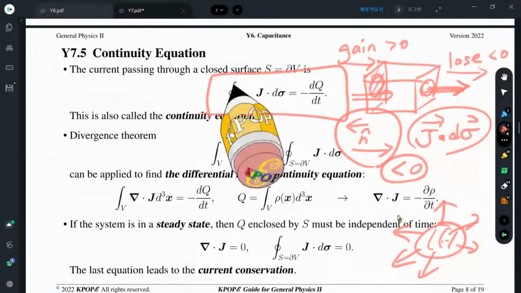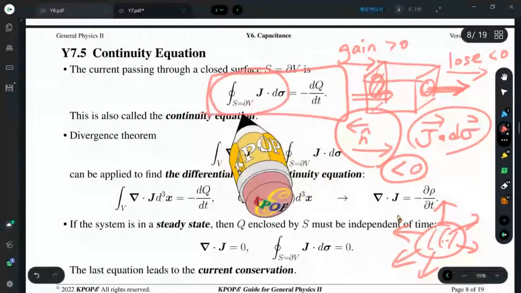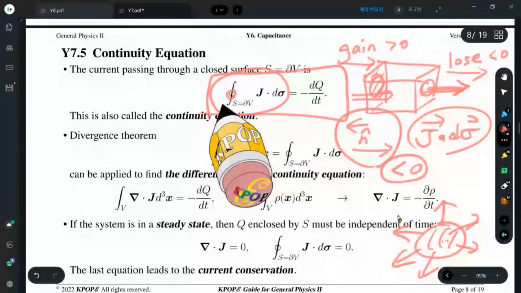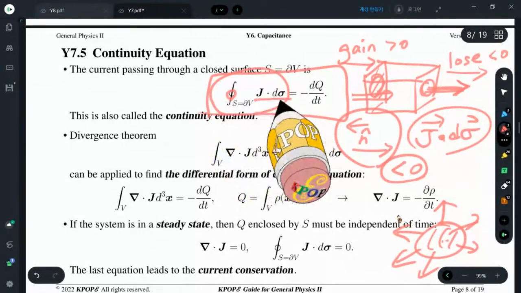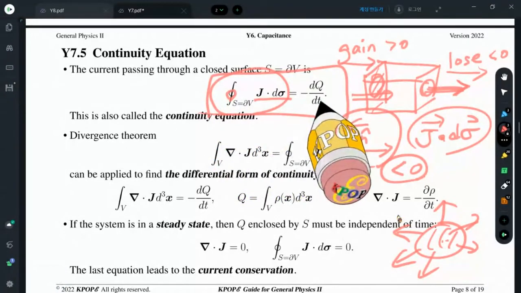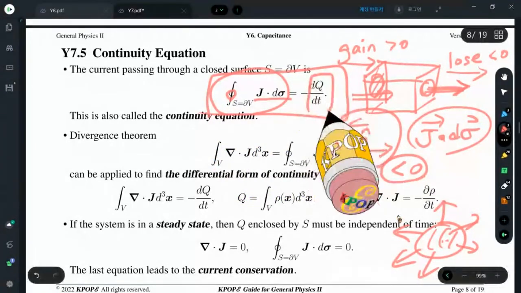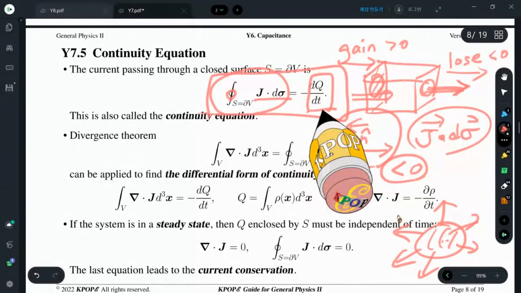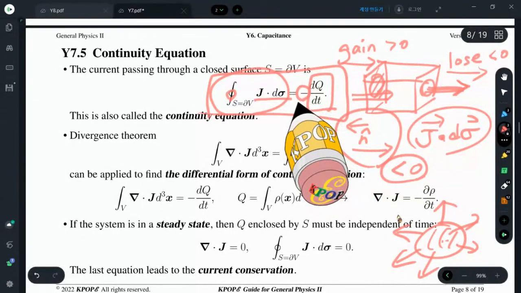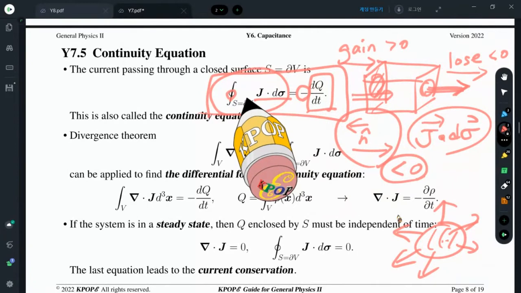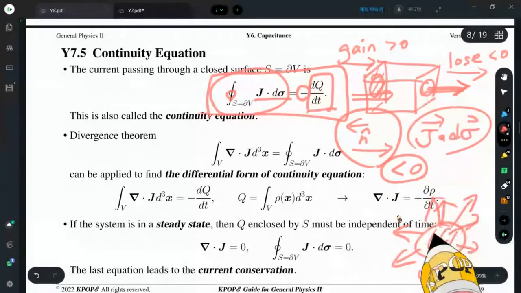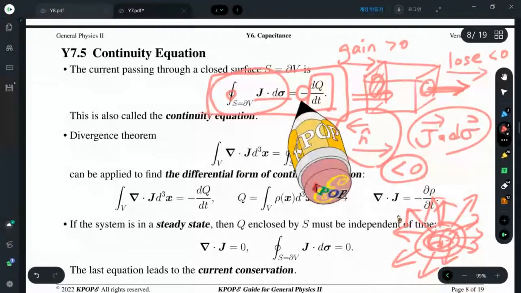That's the reason why, on the closed surface, current density is evaluated, then you will find the change in the electric charge, and you need to put a negative sign on it, because an electric current flowing out from inside results in the loss of the electric charge.